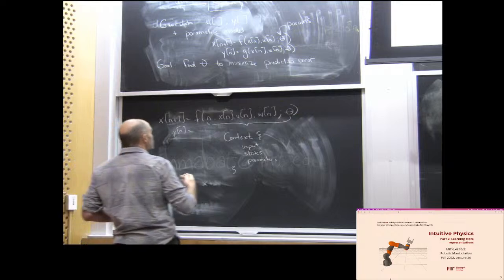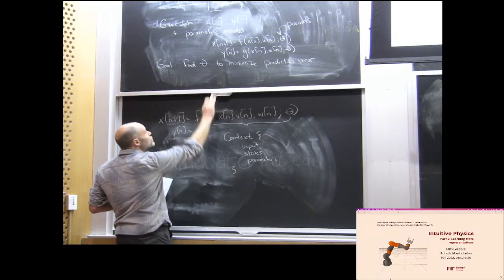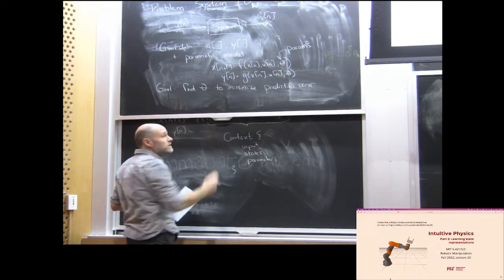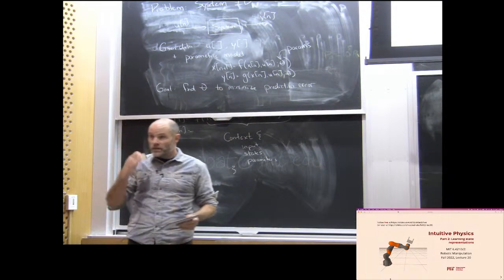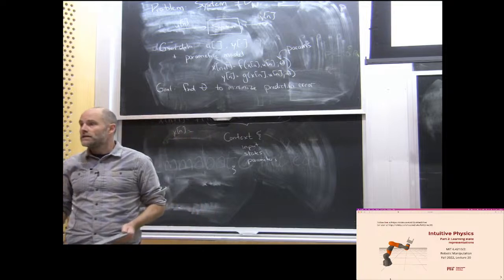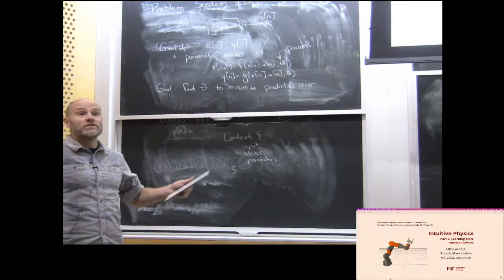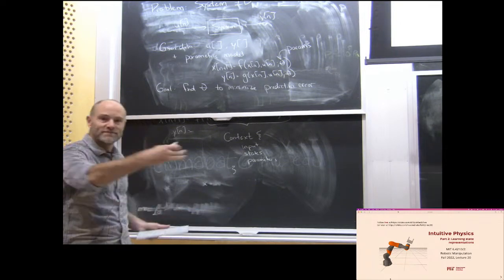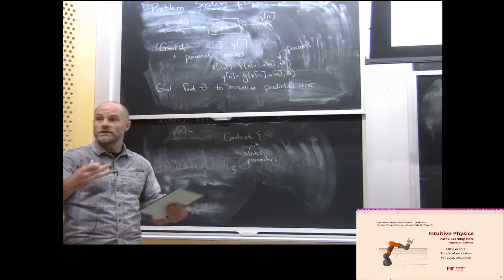And what's nice is that, in this dynamical systems view of the world, F could be a multi-body plant, F could be a neural network. Even more interesting, F can be a diagram that has a multi-body plant and a neural network, maybe an inverse dynamics controller, all put together.